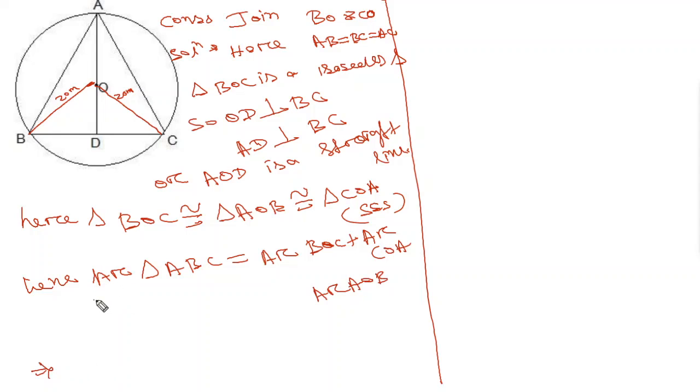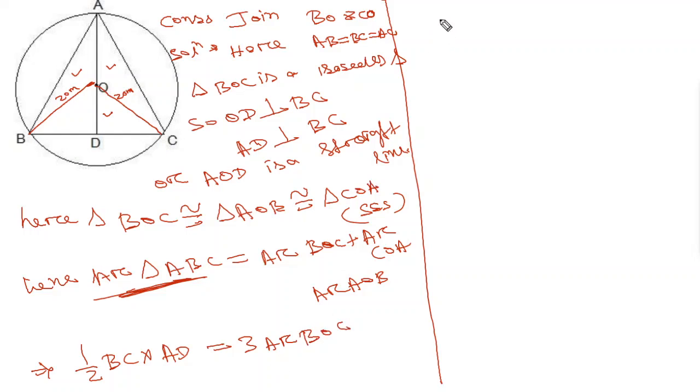This implies area ABC, you know the formula, is half into base into height. So 1 by 2, base is BC, into height is AD, equal to area of BOC plus area of COA plus area AOB. Three triangle areas will be equal as the three are congruent. So you can write 3 into area of triangle BOC.